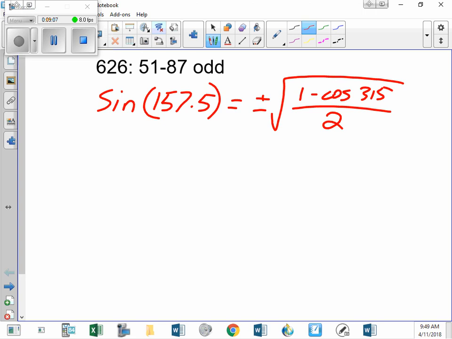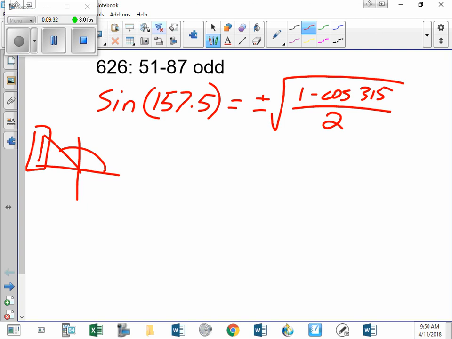Now, where is 157.5? It's in quadrant 2. What is the sign in quadrant 2? Positive. So that's really the only trick: the angle I want is in quadrant 2, and it's the sine value, the height. But I'm using an angle in quadrant 4, and I look at the cosine.